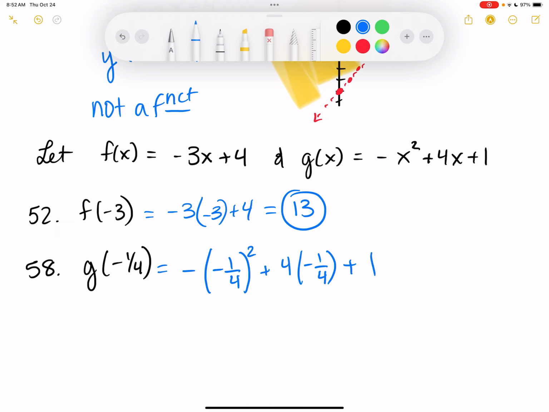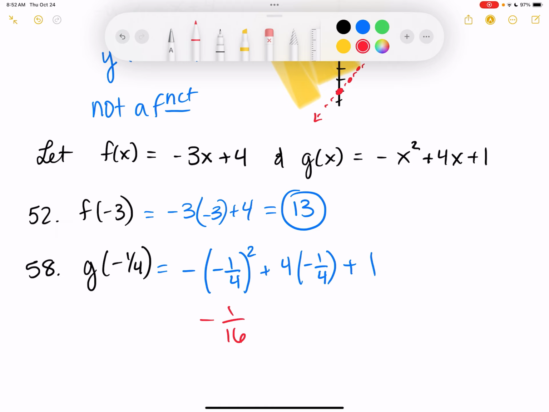So what's negative 1/4 squared? Negative 1/16. So, well, yes. This negative is being squared, so that would become positive, but ultimately it's getting multiplied by the negative that's out here. So this is going to be negative 1/16. Then I've got 4 times a negative 1/4.